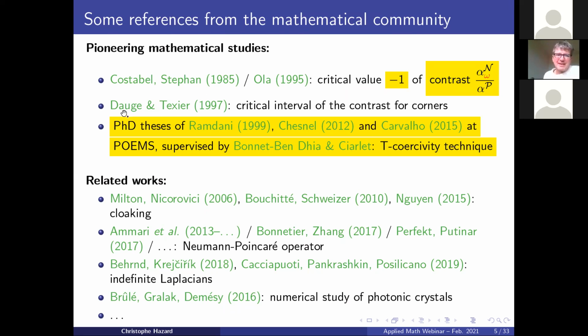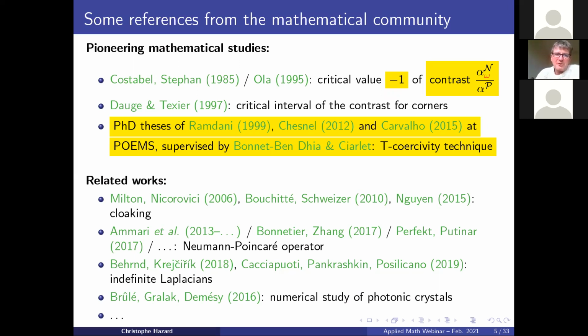And a bit more than 10 years later, Dauge and Texier showed that in the case of corners, the result by Costabel and Stephan was for smooth boundaries. And in the case of corners of the interface, this critical value becomes a critical interval, sorry. And we are going to see that a bit later.